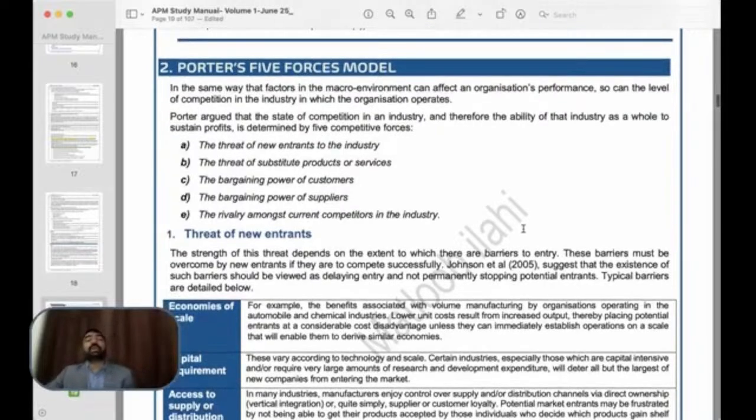Now we are starting our model number 2, Porter's Five Forces model. Porter's Five Forces model is the model for understanding competition, markets, industries and the level of competition within industries.